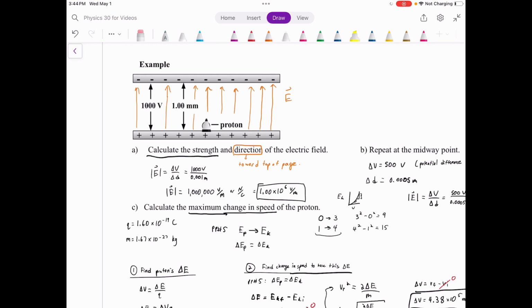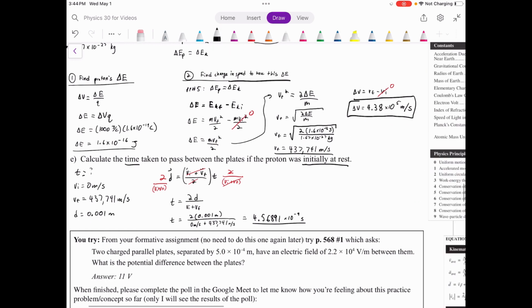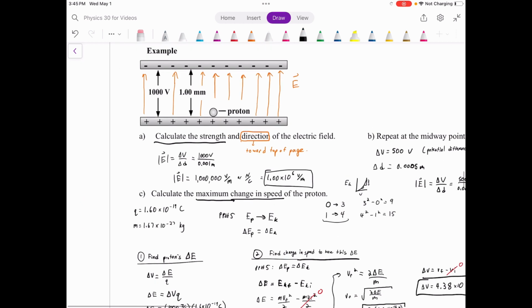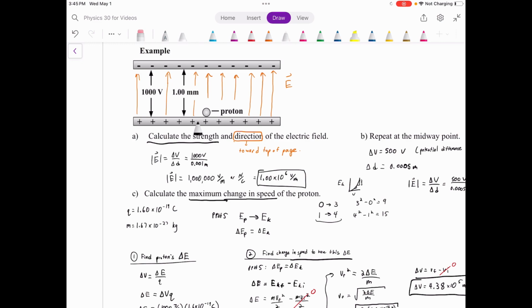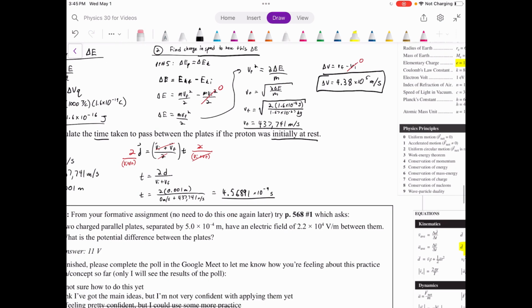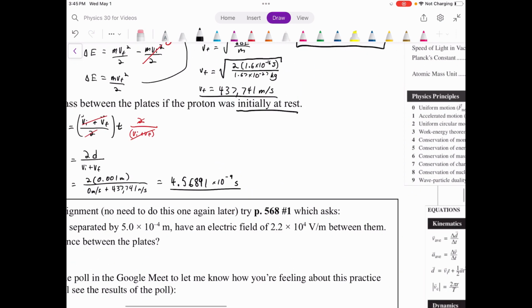So it's going to get accelerating very fast. In fact, we found its final speed is about 400,000 meters per second, so 400 kilometers each second, right? So not surprising that it takes a very short amount of time to travel just 1 millimeter, right? It's traveling 1 millimeter in, again, about 5 nanoseconds.